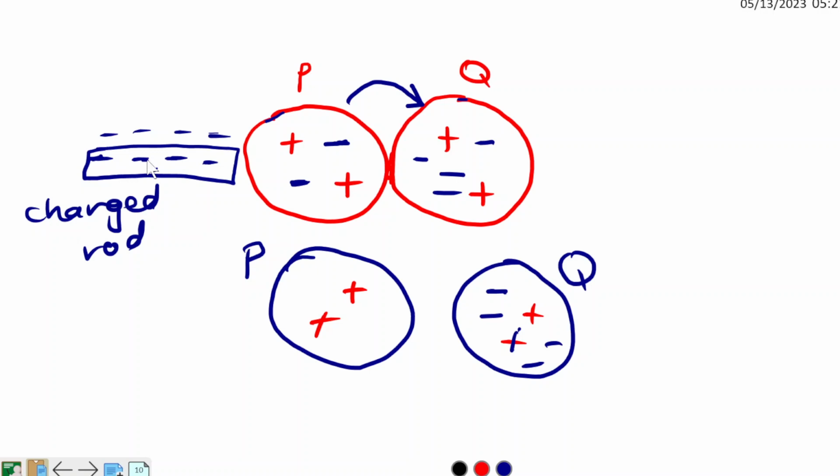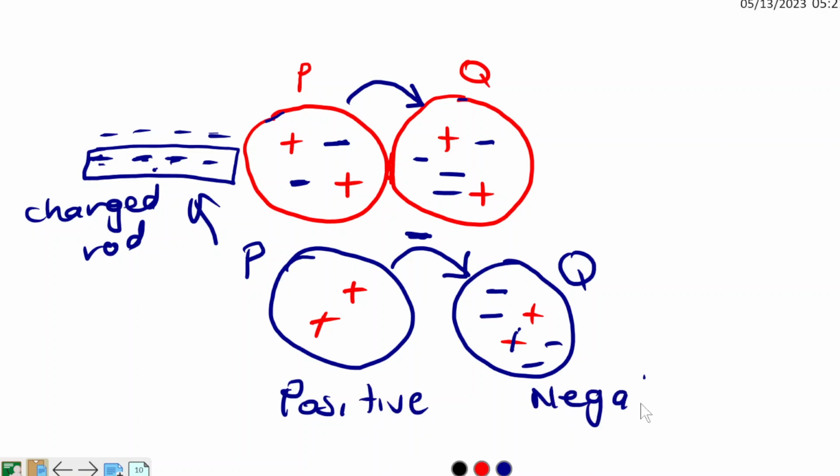So because of that rod that was brought in and then removed, that's why they said electrons were moved from P to Q. Why were electrons moved from P to Q? Because of the charged rod, which has negatively charged particles that repel the electrons away from P. So now sphere P is more positive and sphere Q is more negative.